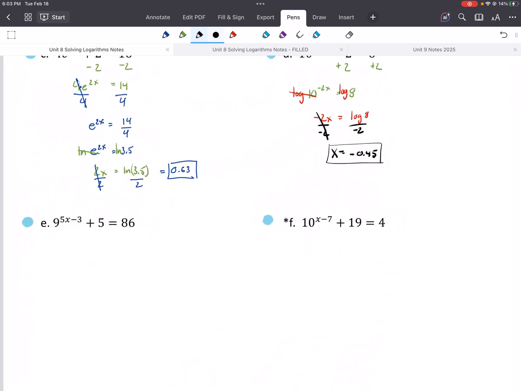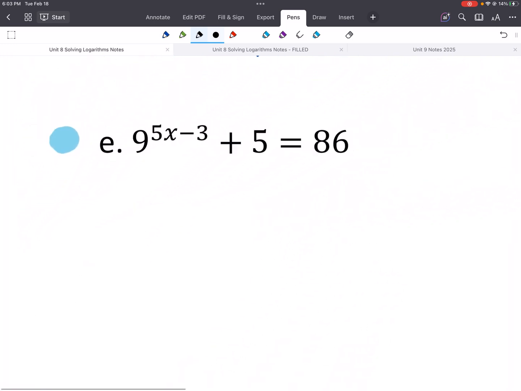All right, last two. This one is pretty much probably as hard as this can get. We have, I think, maybe 4 steps. Okay, so we would subtract 5. So we'd get 81. Next, we'd want to get rid of the base by doing its log.